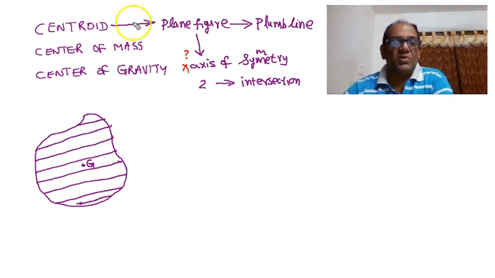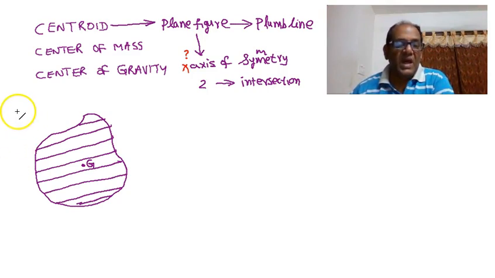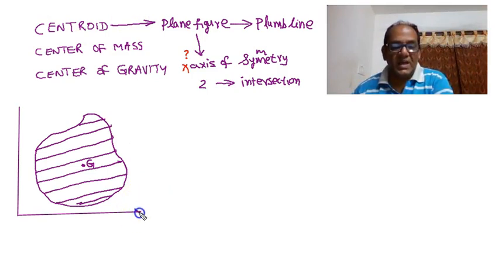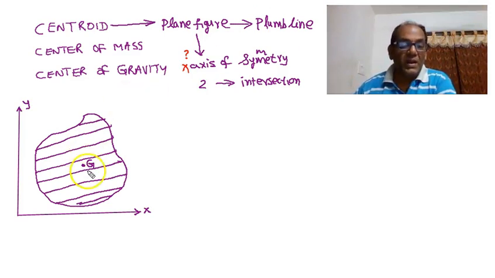When we say we want to find the centroid of it, what we really mean is we have an x and y axis in mind. You have x-axis and y-axis. Let us say this is x and this is y-axis. We want to be able to find the coordinates of this point G. That is what we mean when we say we are interested in finding the centroid.